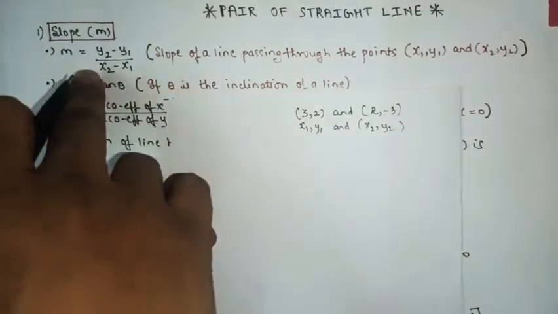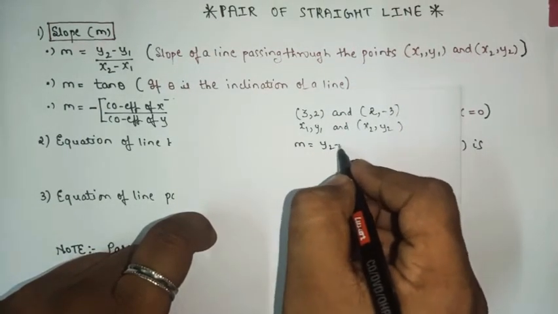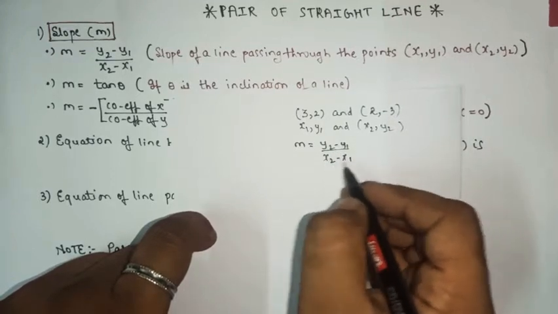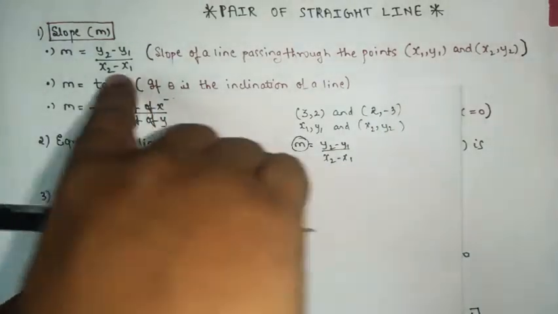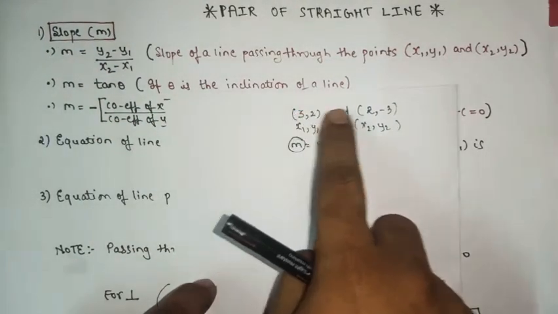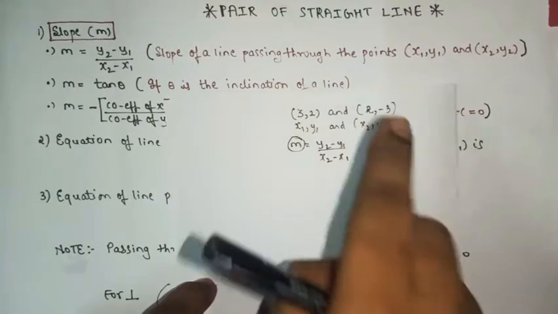Simply apply the first formula. When you apply the formula m equal to (y2 minus y1) upon (x2 minus x1), replace the values of x1, y1, x2, y2, and you will get the slope. So the first formula is applied when you have the 2 points. Consider the first point as (x1, y1), the second as (x2, y2).